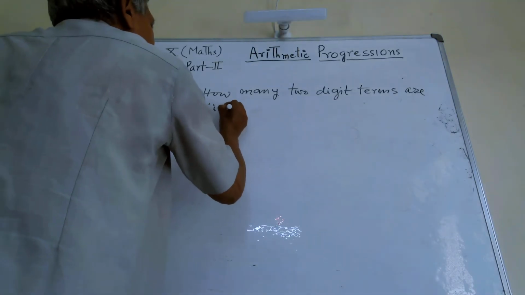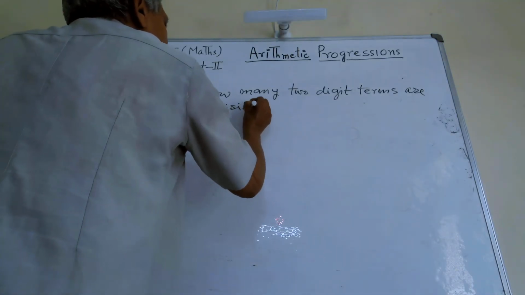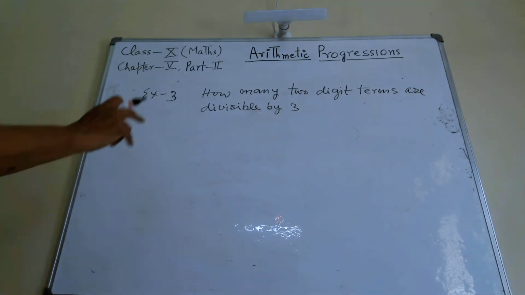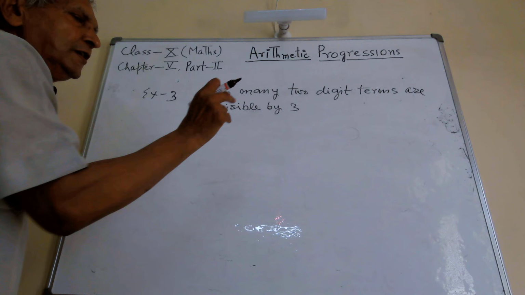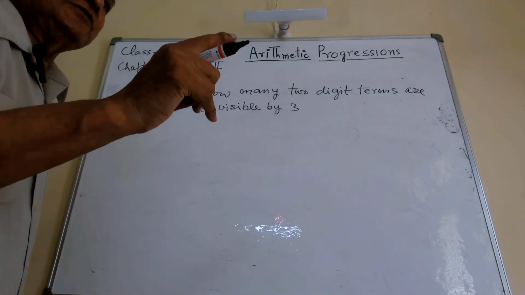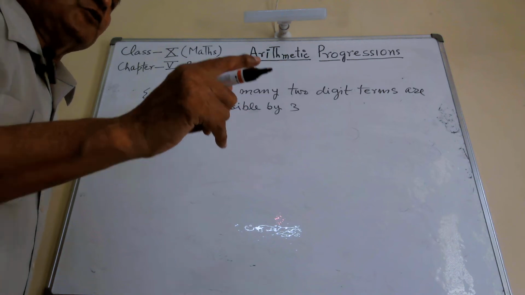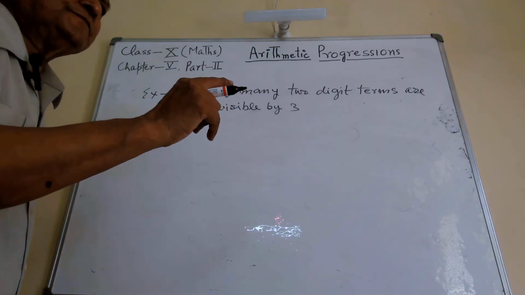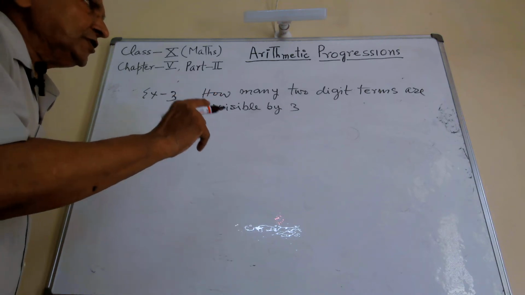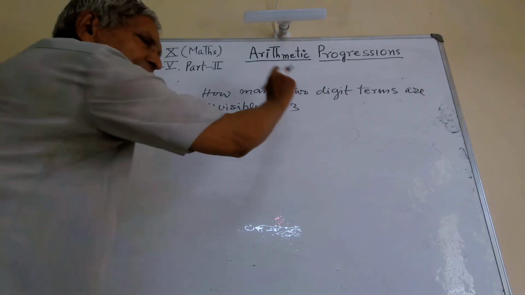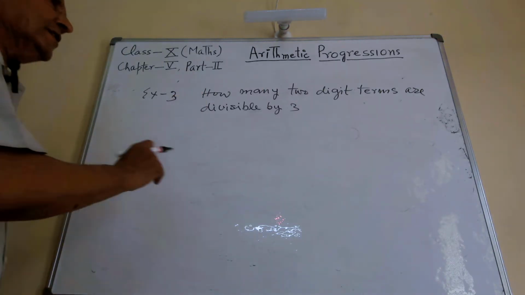Understand the language and listen to me very carefully. This is the question. Two-digit terms start from 10 and end at 99. So we have to check in these two-digit terms how many can be divided by 3.